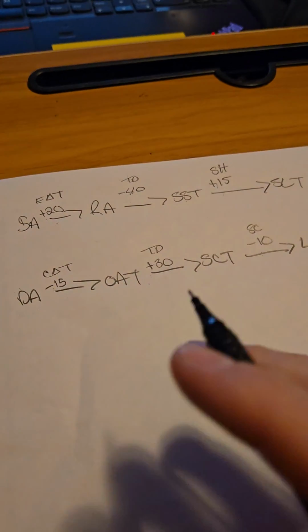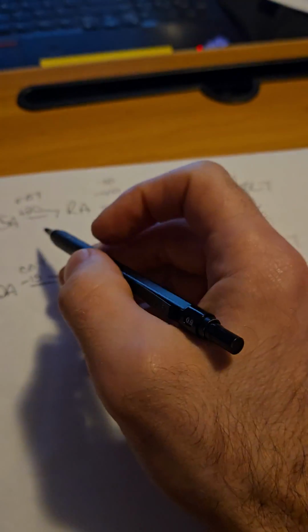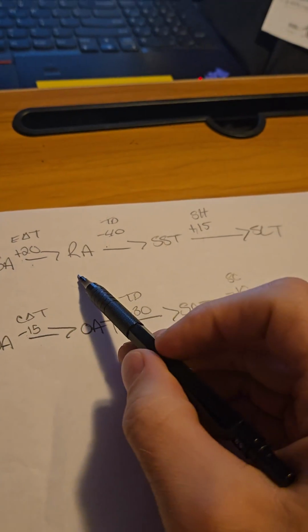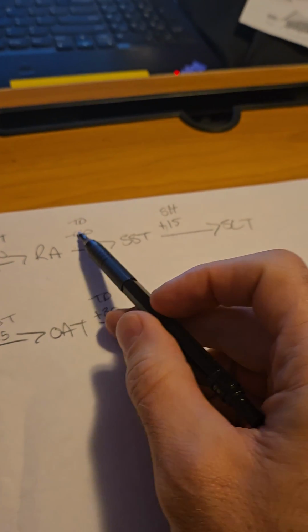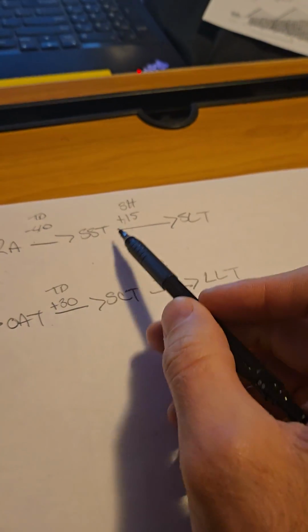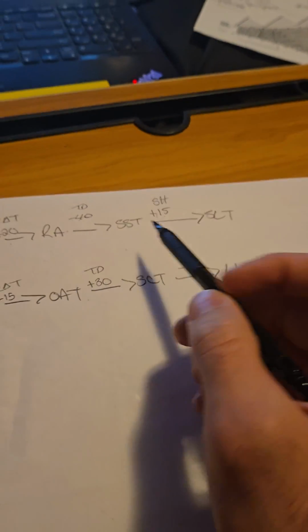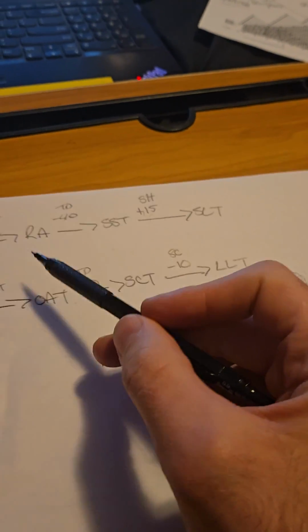And if you don't know how it works, it's very simple. If you have your RA and you need to get to your SLT, whatever your number is, minus 40 gives you your SST, plus 15 gives you your SLT. And if you're going backwards, it's reverse.